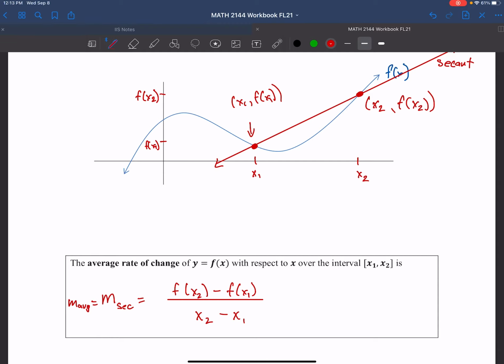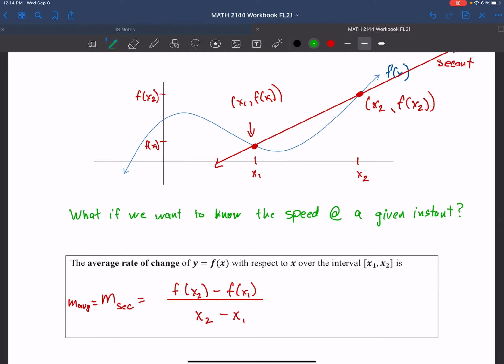So let me change up my color here, and let's pose another question. What if we want to know the speed, aka rate of change, at a given instant?